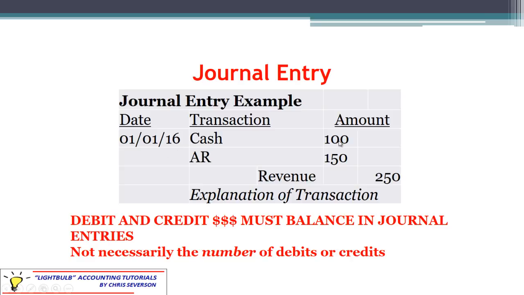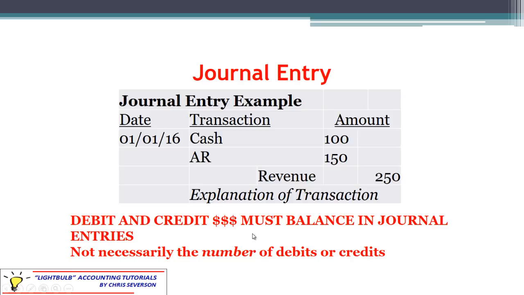It's an asset. Accounts receivable, AR here, is being debited 150. It is also an asset, so that increases that as well. Revenue, again, is being credited by 250. Revenue has a normal credit balance, so that increases the revenue account.